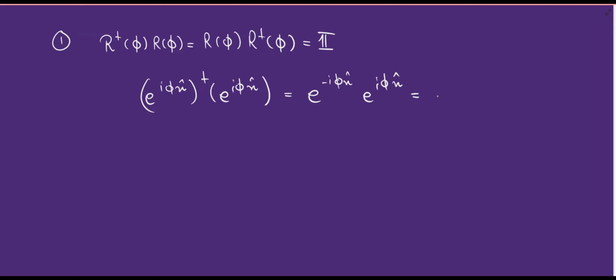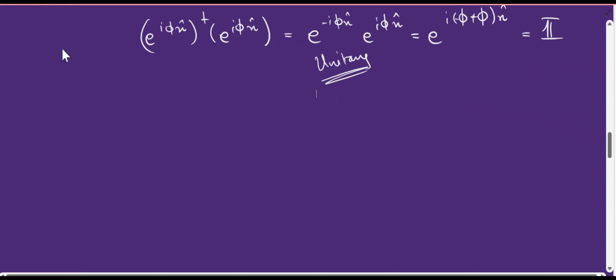Using the Baker-Campbell-Hausdorff formula, this is e raised to i (minus phi plus phi) n cap, that is another way to see it. This is going to give us 0 in the exponent, so this is equal to the identity operator.